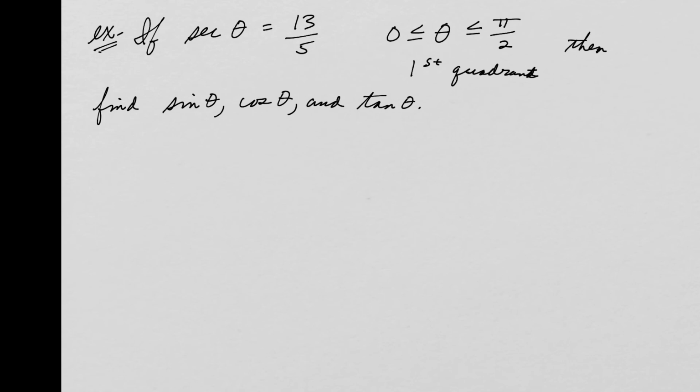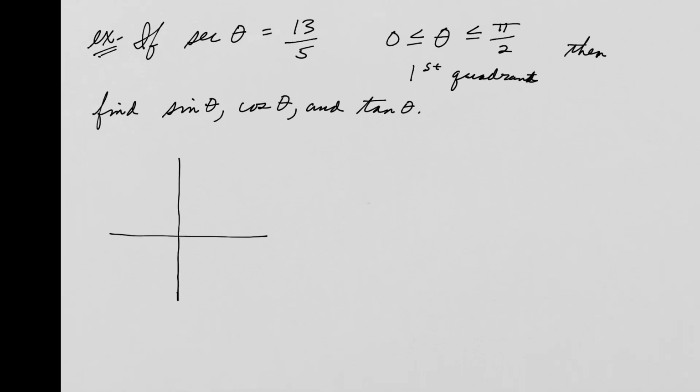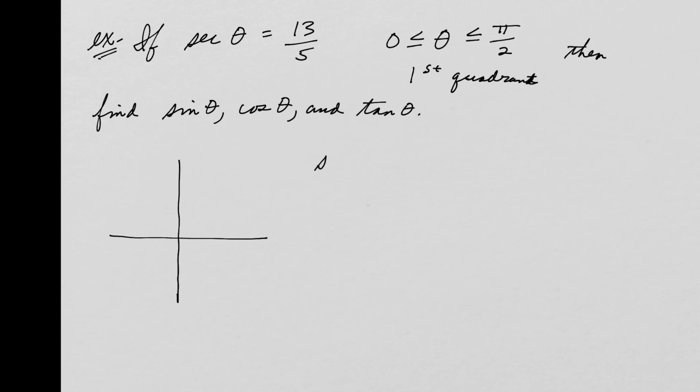Okay, so the way I would do this, I would draw a picture, right? We know we're in the first quadrant. We know that in general, secant of theta is 1 over cosine of theta, and cosine of theta is x over r. So secant is going to be r over x.